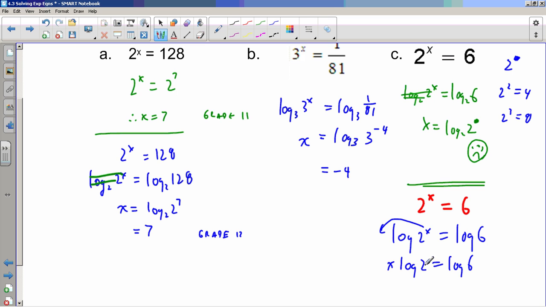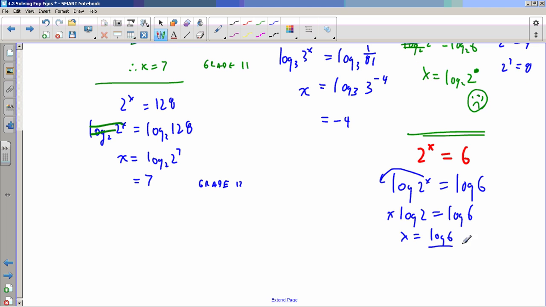And now this is just a number, and I can divide by it on both sides, and I get log base 10 of 6, button on your calculator, over log 2, and this I can put into my calculator, and that is about 2.585. Check it on your calculator.